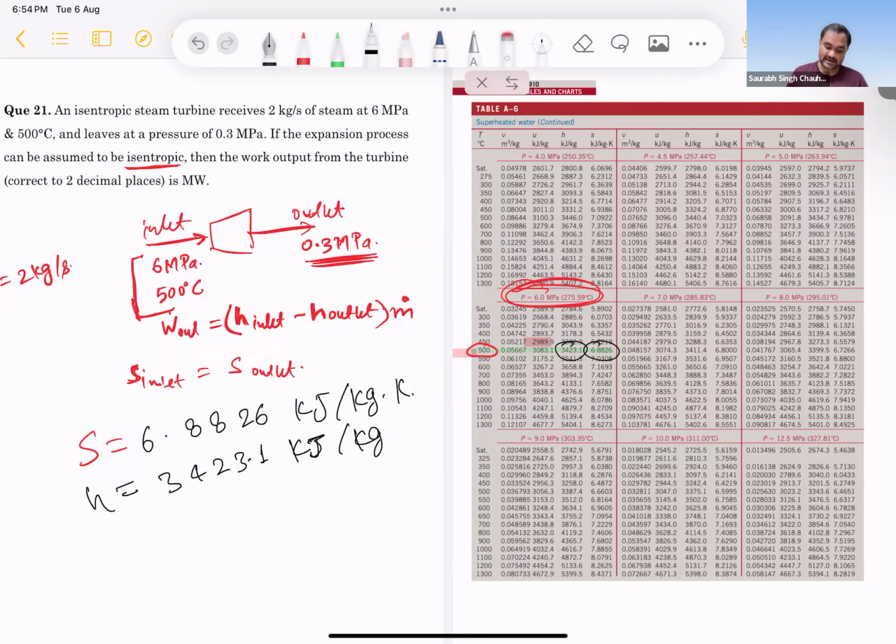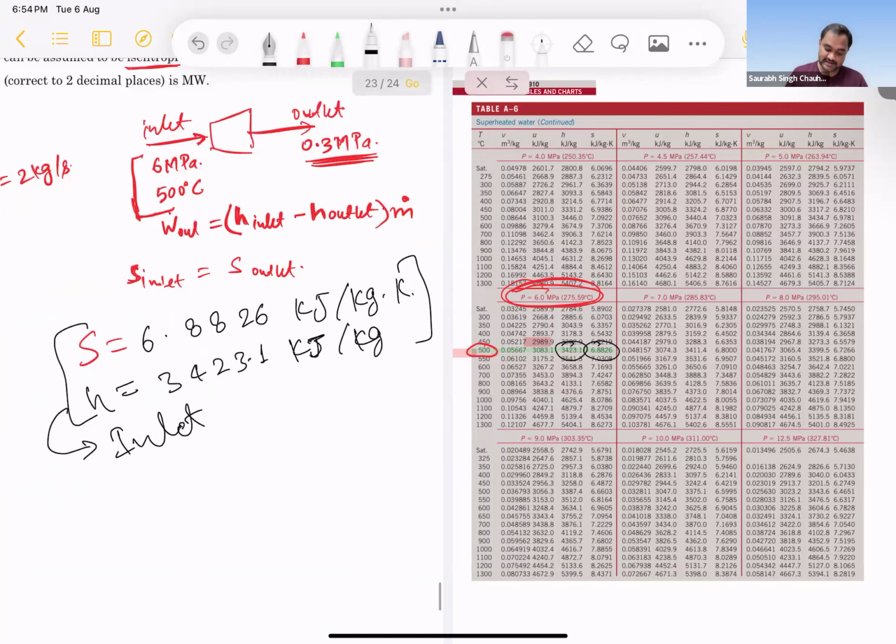Okay, this is at inlet. Now we have to find this H at outlet.